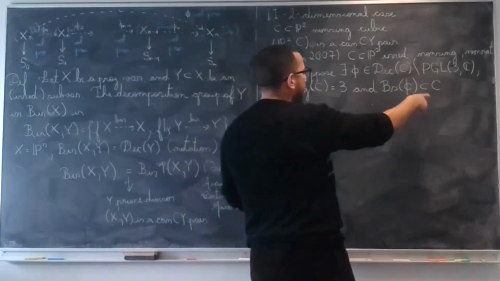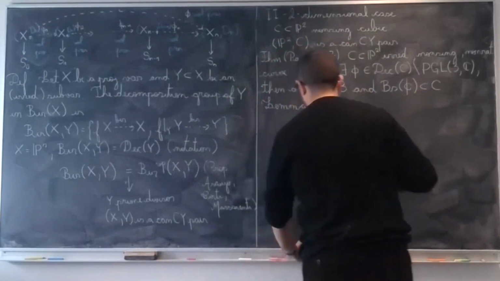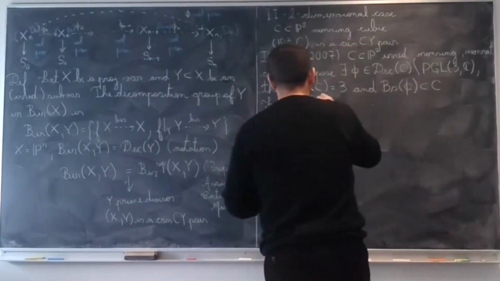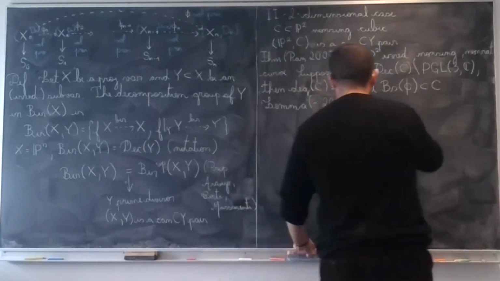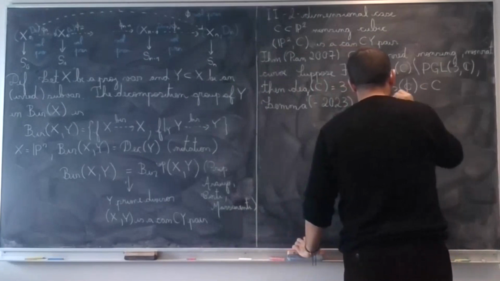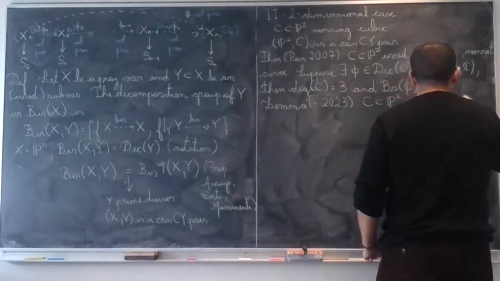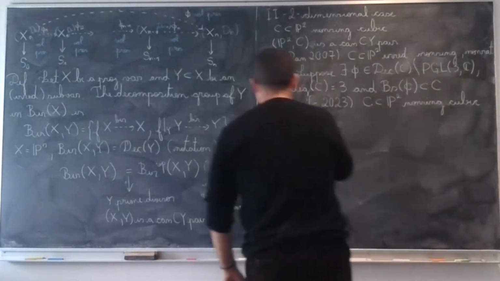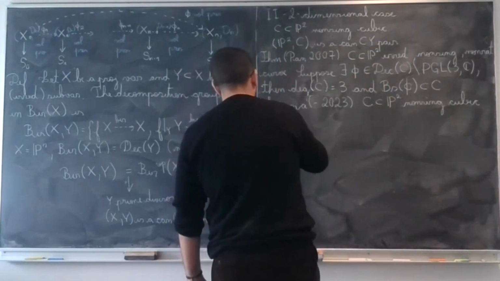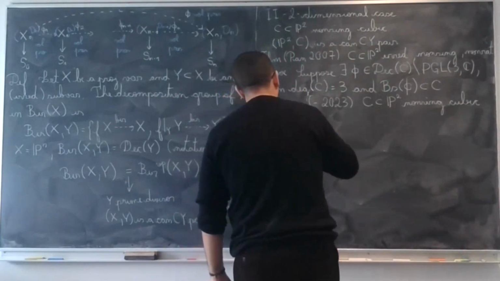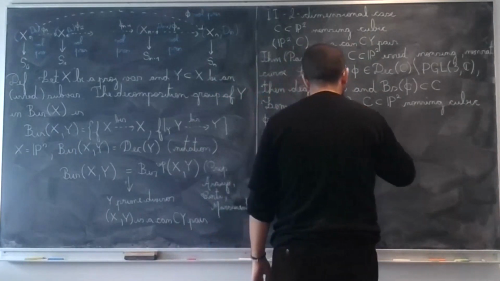We can show something stronger than this. So here is a result by myself. In this case, if I consider C a non-singular cubic, and we pick phi a map belonging to the decomposition group, which is not a linear automorphism.